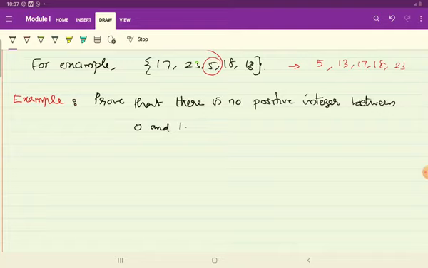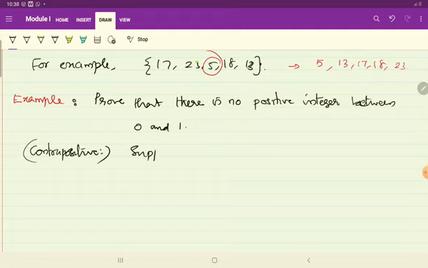Here we need to prove that there is no positive integer between 0 and 1. So we suppose on the contrary that there is a positive integer between 0 and 1. So the proof is by contrapositive.